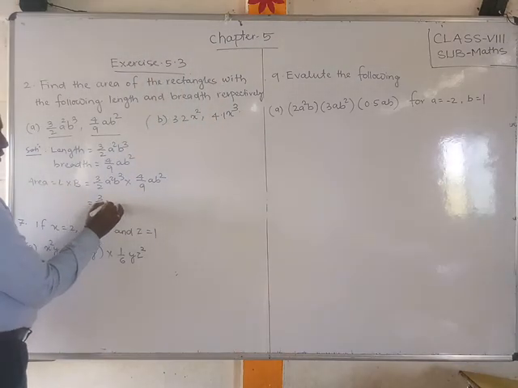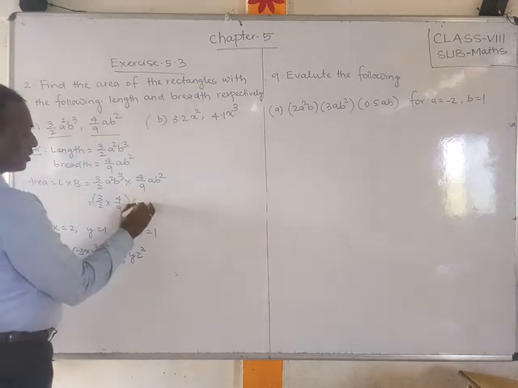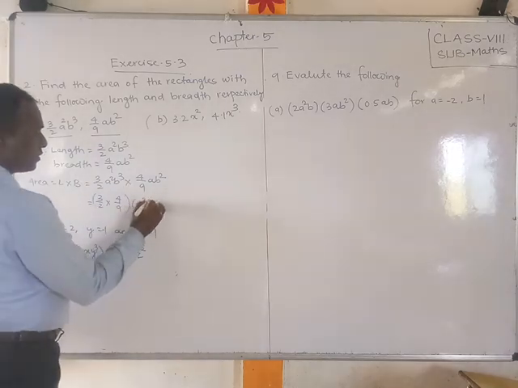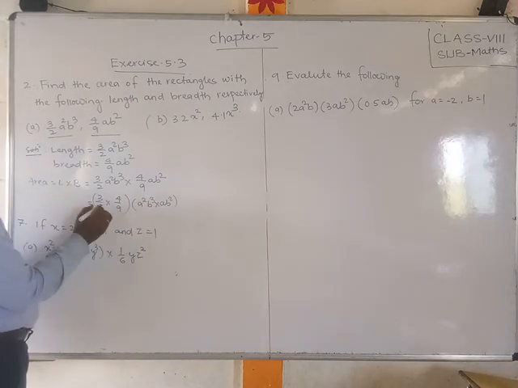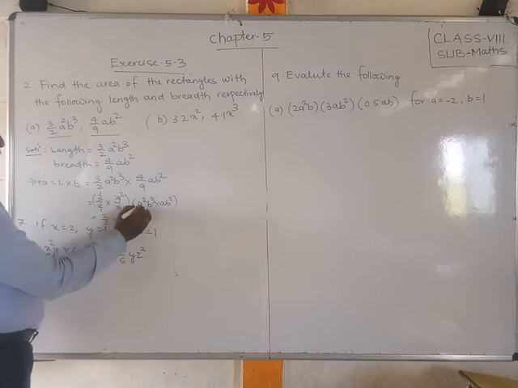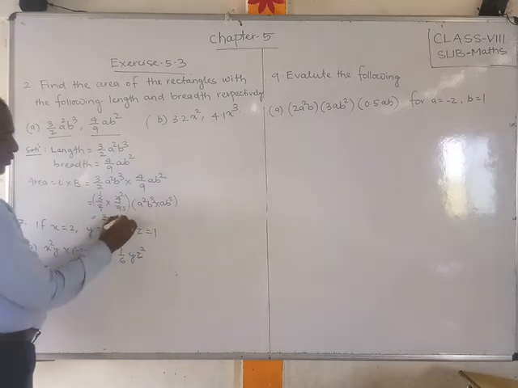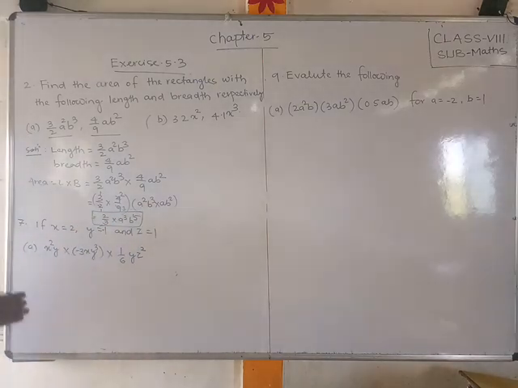So 3 by 2 into 4 by 9 into a square b cube into a b square. You can count also friends. Here 3 1 ja, 3 3 ja, 2 ja. Okay, so 2 by 3 into here a square a cube, here b 5. This is our answer. Okay.